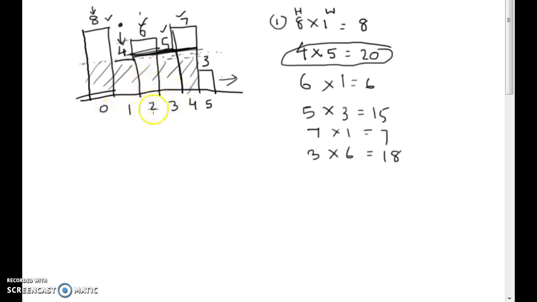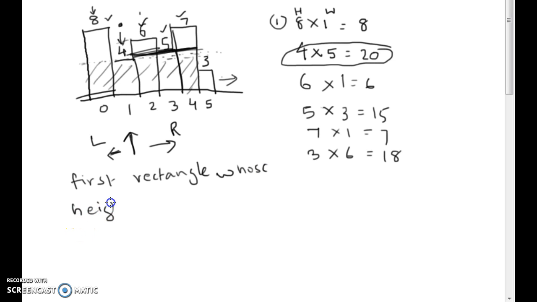So a brute force way is to, let's say, have two for loops, and at every index you go left and go right until you find the first rectangle whose height is smaller than the current rectangle, or i, right, which is the current rectangle.